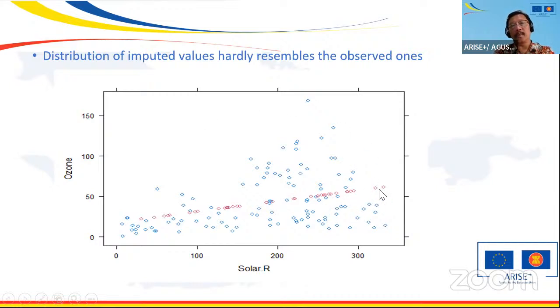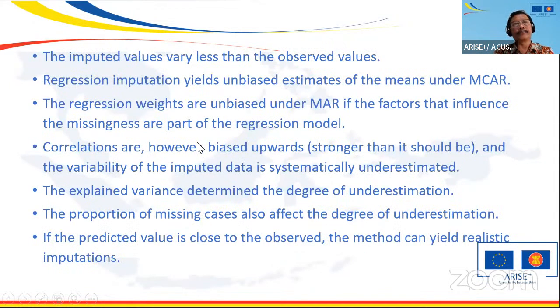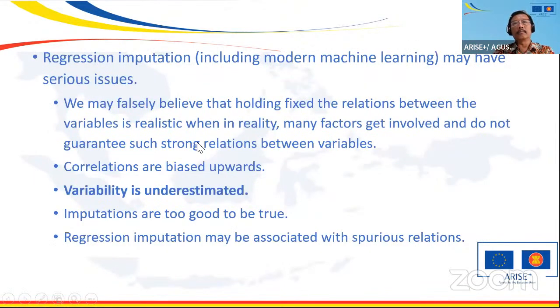So this is one issue of the regression. And as I mentioned also, when you are imputing an observation near zero, if the regression is going this steep, then you get a minus number. So this is not possible.